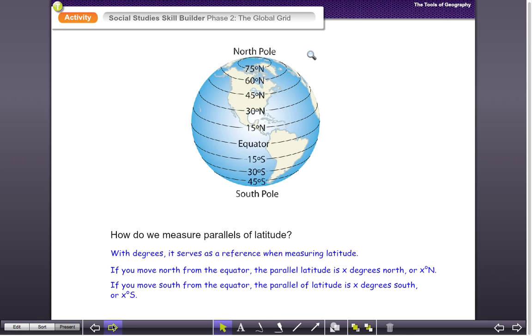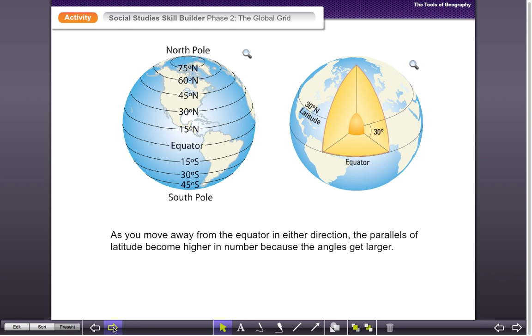If you move south from the equator, the parallel of latitude is x degrees south, or x degrees S, and you notice the little symbol here that tells us that we're talking about degrees. So if you're moving south, however many degrees you're moving, that's what parallel of latitude you would be on. As you move away from the equator in either direction, the parallels of latitude become higher in number because the angles get larger.